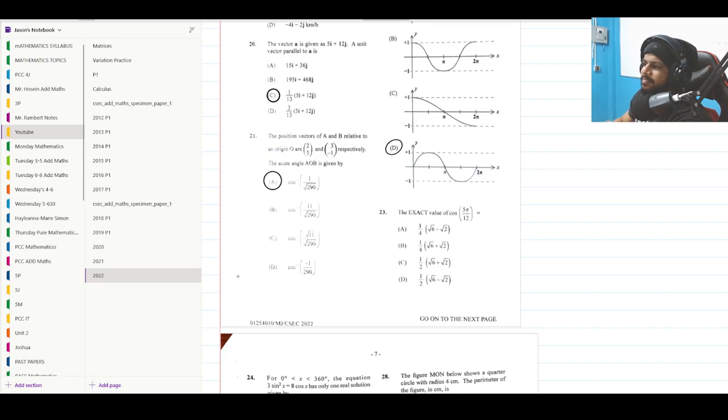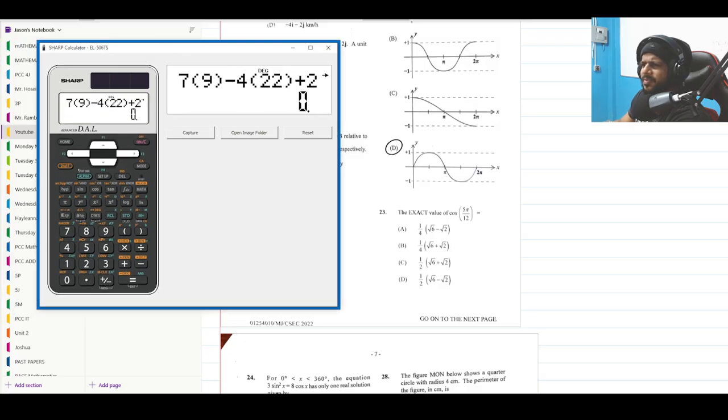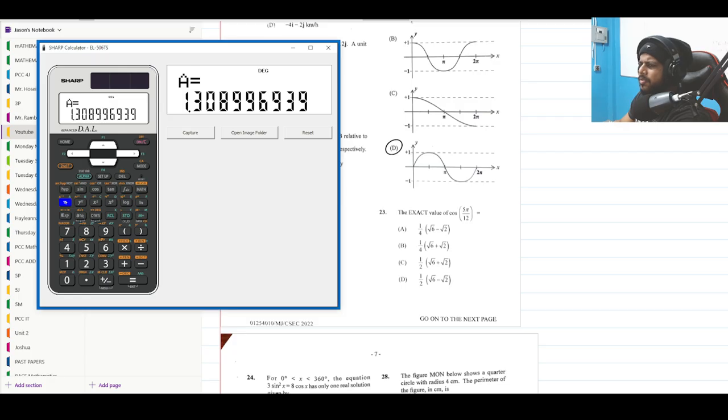The exact value of 5 pi on 12 was a half into root 6 plus root 2. 5 pi divided by 12, 1.308. That's not A. A half into root 6 plus root 2 minus A. It wasn't A. What was A again? 1.308.